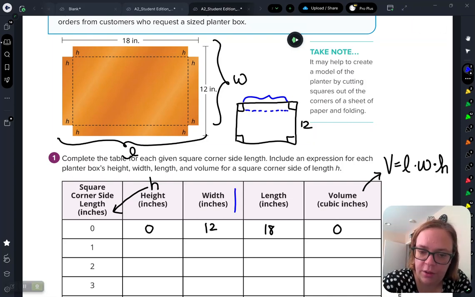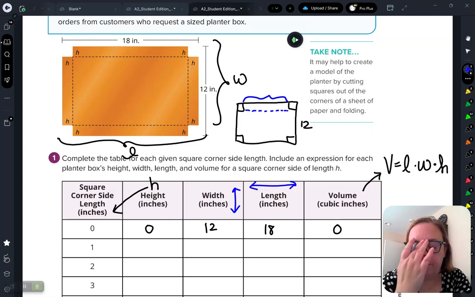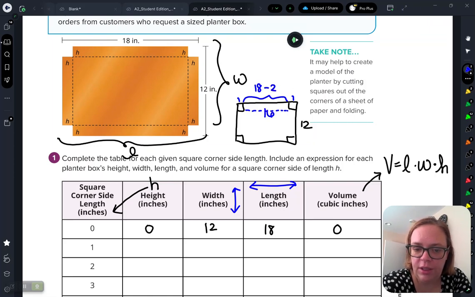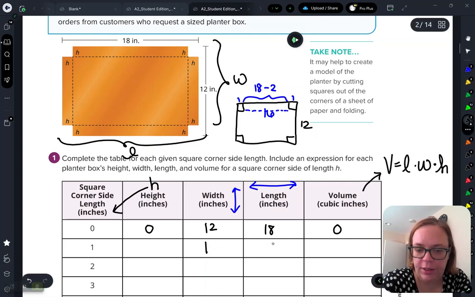Okay, width is going to be this way, length this way. We're going to have to take that 18, but we're going to cut off the 1 inches on each side. So we're going to have to do 18 minus the 2 1 inches, which is going to give us 16. Okay, so we're going to put 16 here.